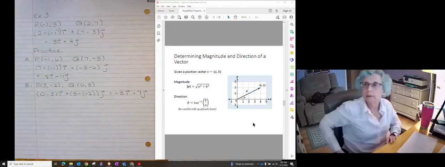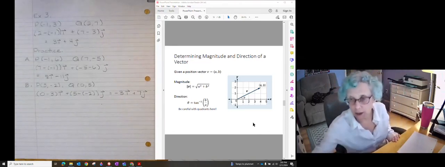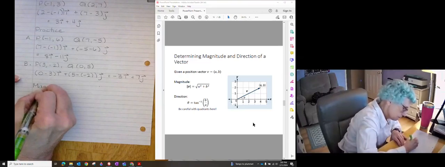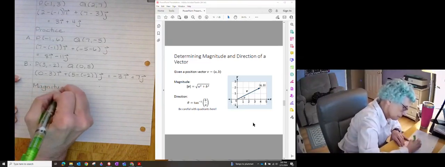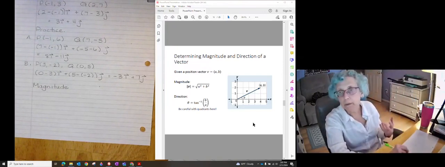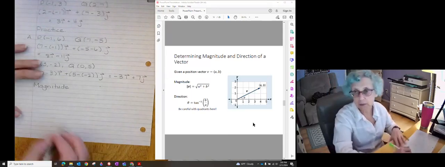Okay, determining magnitude and direction. Magnitude is easy. It's just the square root of the sum of the squares.